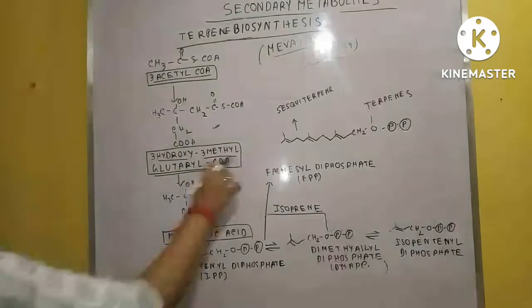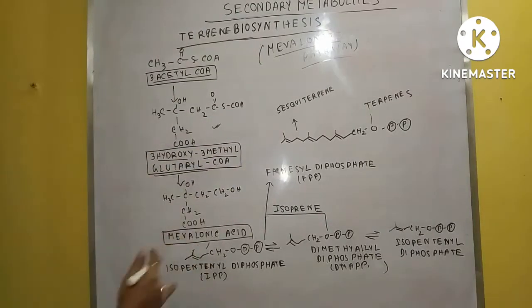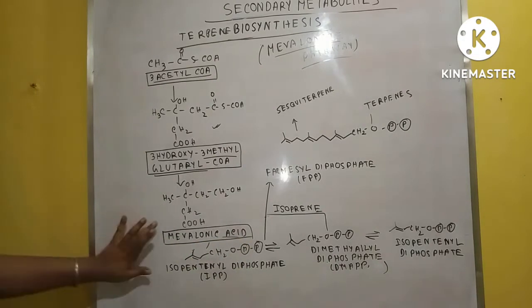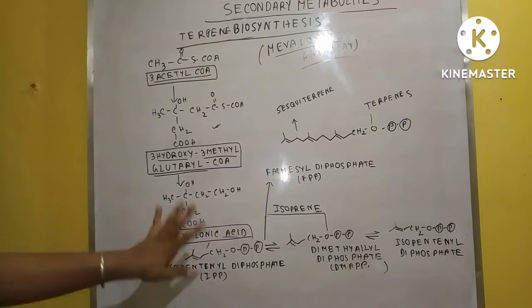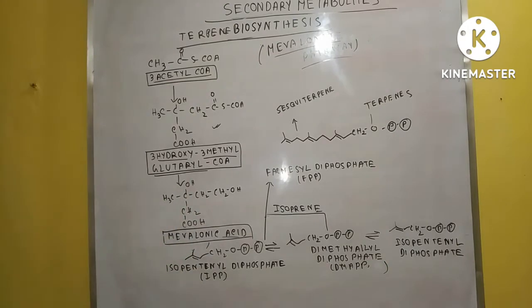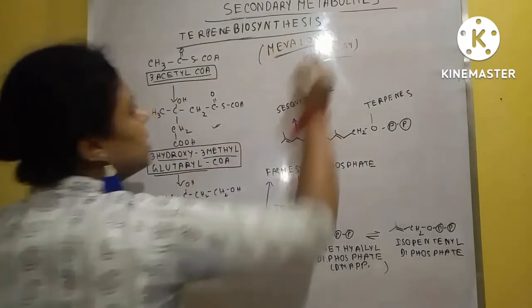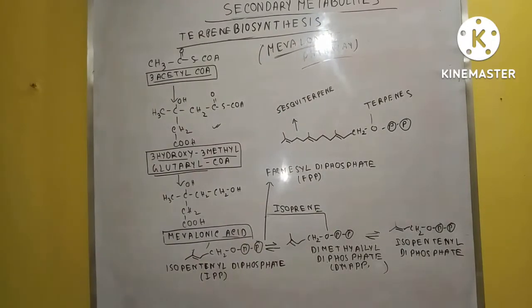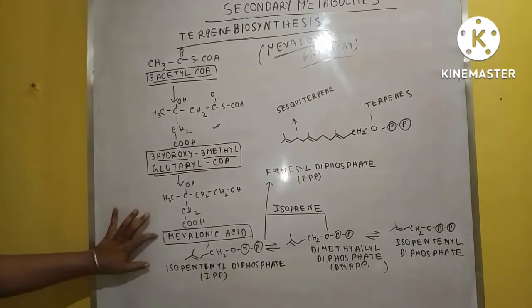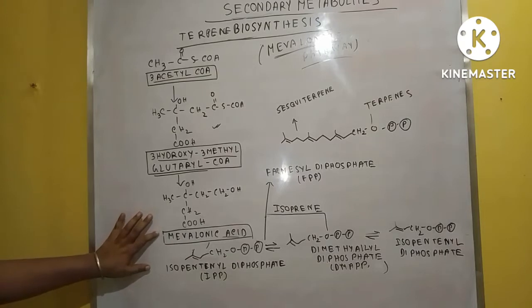In the next part, the mevalonic acid is formed. And as the mevalonic acid is formed here, that's why this pathway is called the mevalonate pathway. Clear?